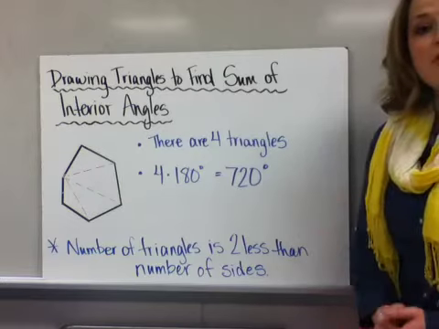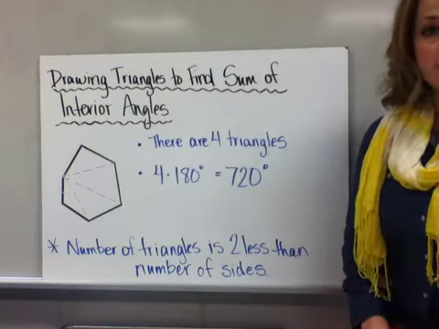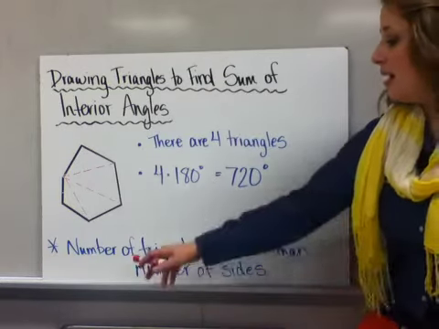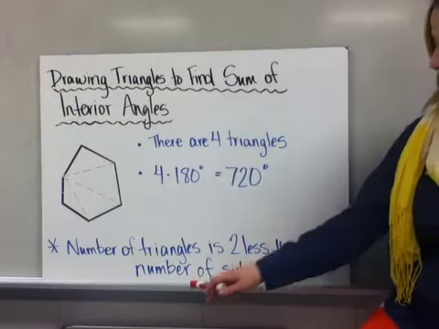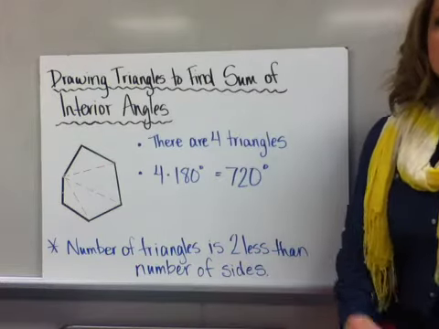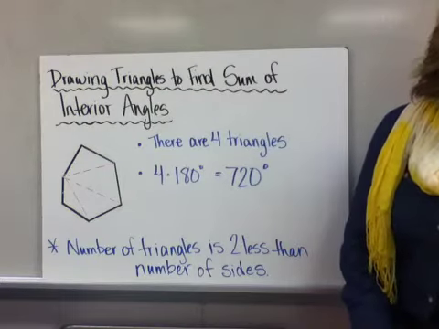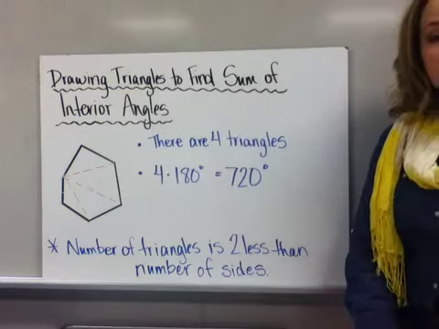If you think about the other figures we've looked at, a quadrilateral had 2 triangles, and a triangle has 1 triangle. So the number of triangles is always going to be 2 less than the number of sides. If you saw something crazy like how many triangles are in a 23-agon, that means a 23-sided figure, there would be 21 triangles.